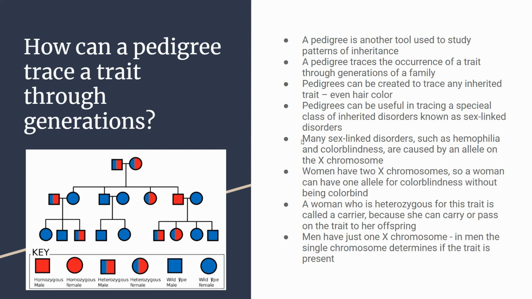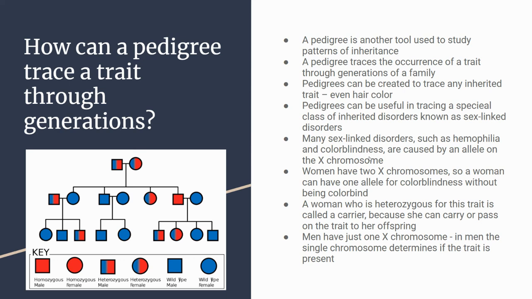So we have sex-linked disorders such as hemophilia and color blindness, which are caused by an allele on the X chromosome. And you're like, well, why do boys have it then if it's on the X chromosome? This is why.